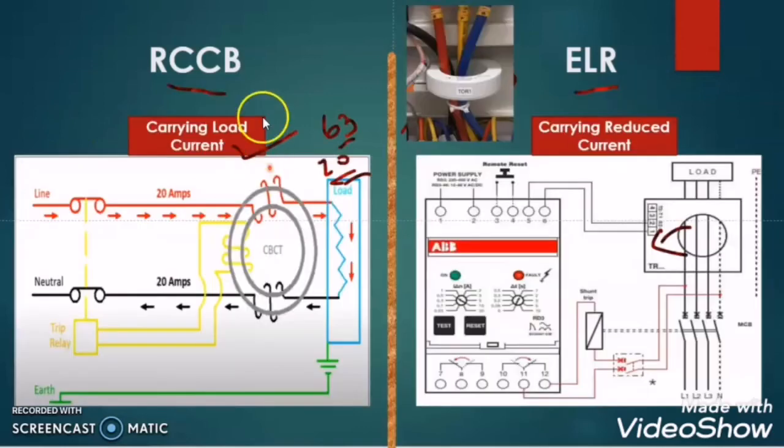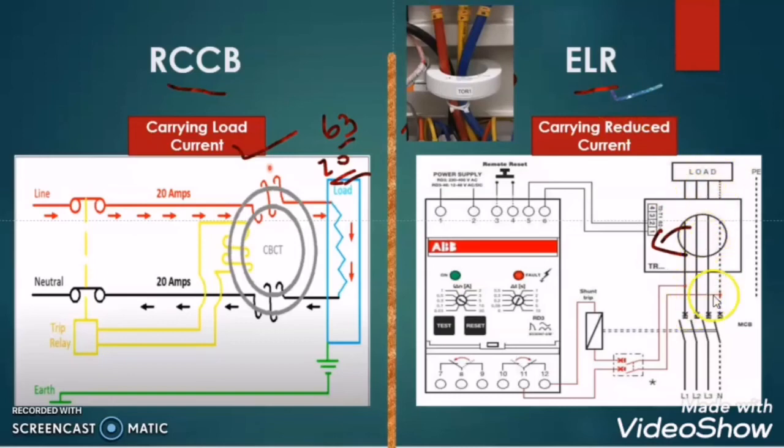As I told you in my previous difference, the RCCB is carrying the load current. So we need to make the RCCB with insulation which can carry the load current. If the load current is too high, then the RCCB will be very costly because we have to do the insulation in the RCCB for that current. But the trick in the ELR is that the ELR is not taking any load current.